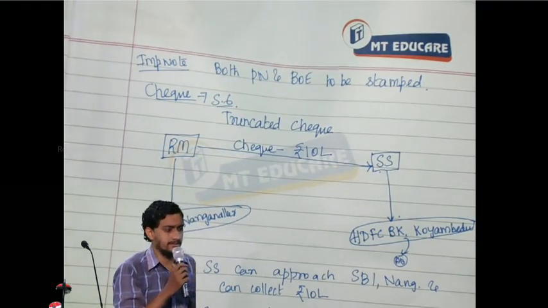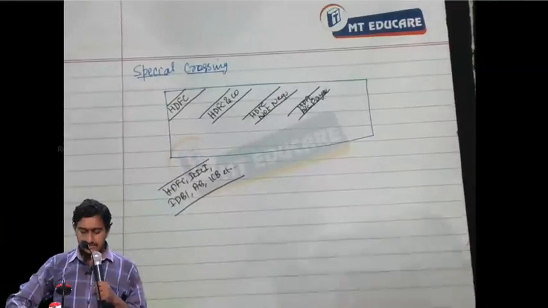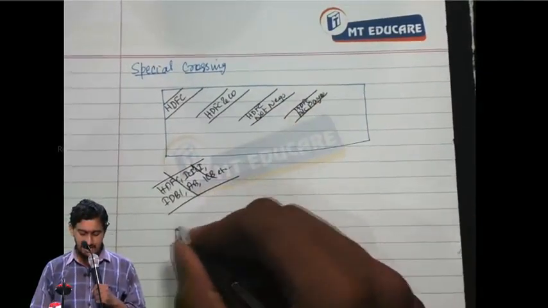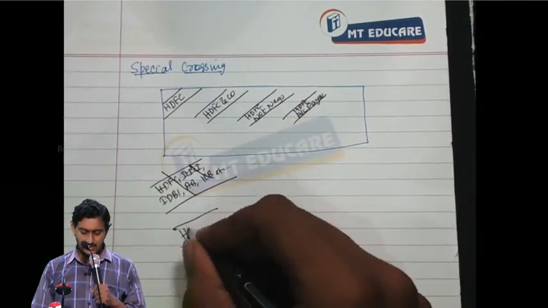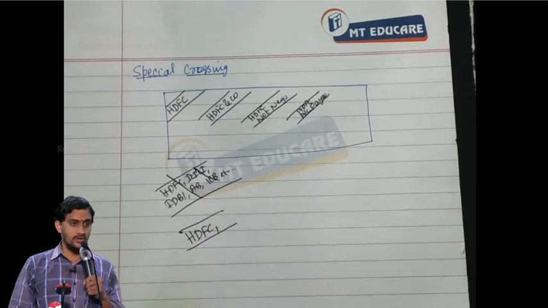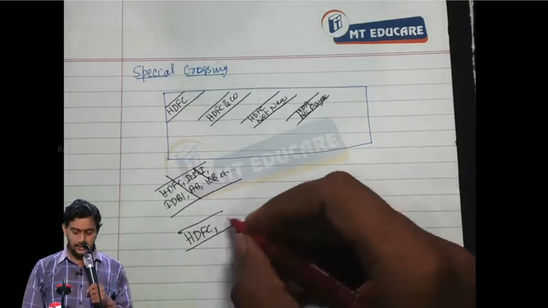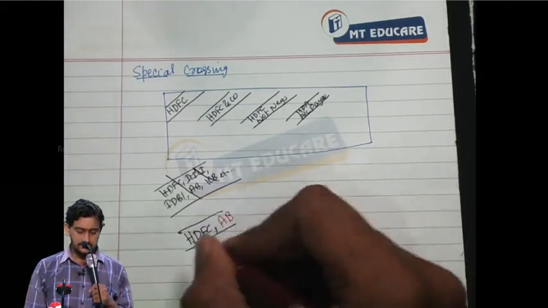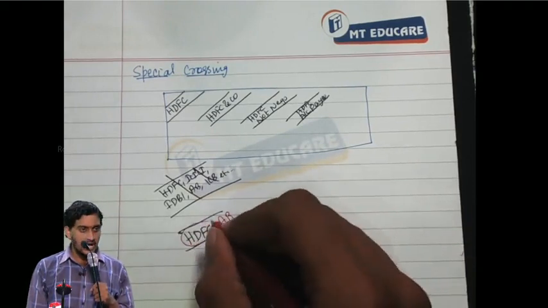Now listen here. In this illustration, where it is marked as HDFC Bank, Suman sir is sending it to HDFC Bank for collection. What is HDFC Bank doing now? HDFC Bank is putting it to Andhra Bank.